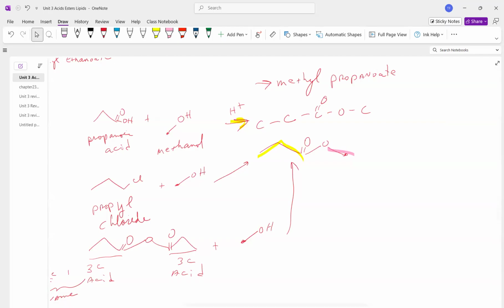Alcohol plus acid, alcohol plus anhydride, alcohol plus the acid chloride. Acid chloride's the best. Plain old acid and the alcohol is the worst. And the anhydride is the middle yield.